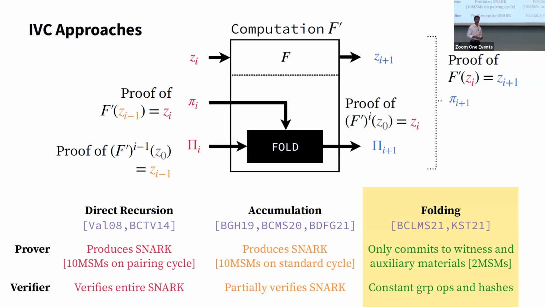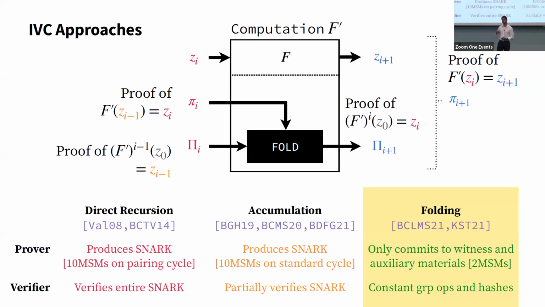And the core idea here is that we can have a proof for the prior step of execution, we'll call that pi I, and another proof for all steps prior to the last step of execution, we'll call that capital pi I. Okay, and what we can do is run this fold procedure, and this will take two proofs of the same size and compress them into a single proof of the same size that can be checked in place of the two original proofs.